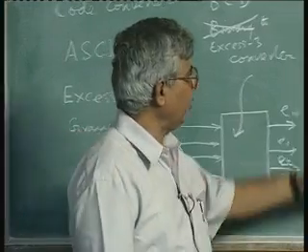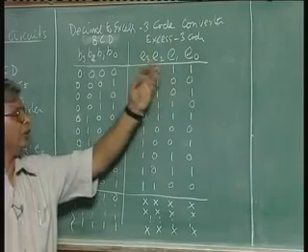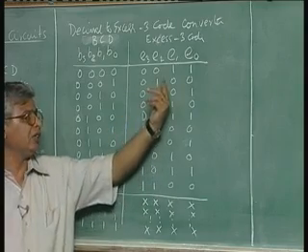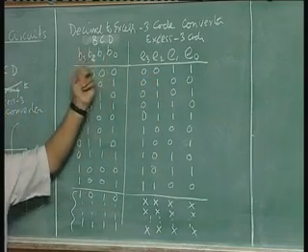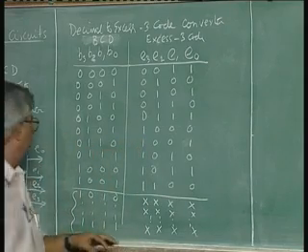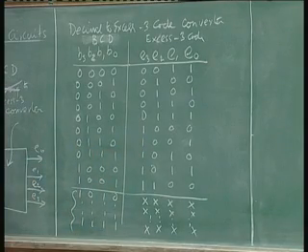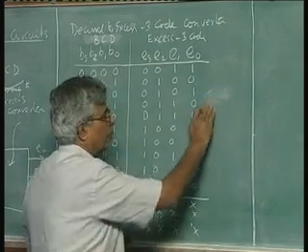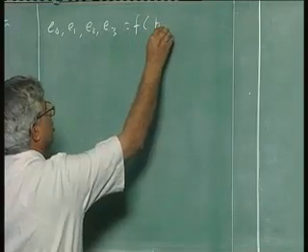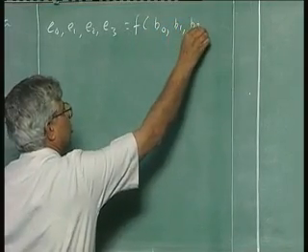Now we will have to take each of these values E0, E1, E2, E3 and find the logic function which can represent E0 in terms of B0, B1, B2, B3, E1 in terms of B0, B1, B2, B3, etc. We will have to write 4 functions, representing E0, E1, E2, E3 as functions of B0, B1, B2, B3.